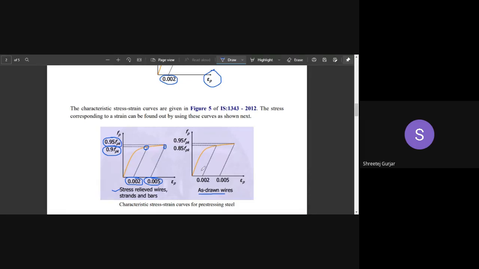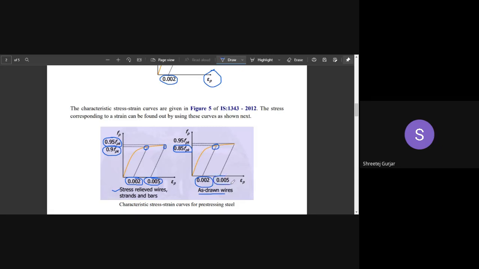Okay, so to this strain value, that is 0.2% strain value, what you do is you draw a straight line which is parallel to your initial straight curve, and the corresponding stress value, you can see it is 85% of your fpk value. And if you compare it to your stress relieved wires, we can see it is lesser. In a stress relieved wire, it was 90% of your fpk value, but here it is 85% of your fpk value.